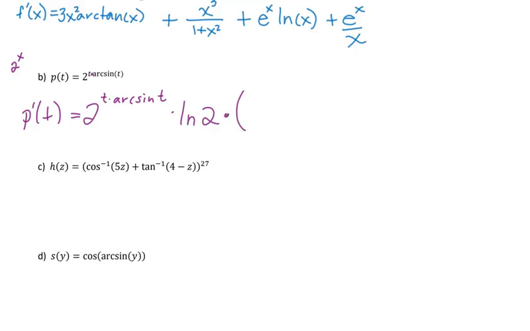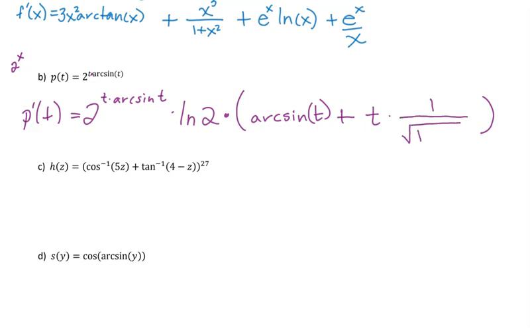Now I need the chain, but when I chain, it's the derivative of t times arc sine t, so I'm chaining out a product rule. So I need the arc sine t multiplied by the derivative of t, which is just 1, plus the t times the derivative of arc sine of t, which is what we're working on memorizing.